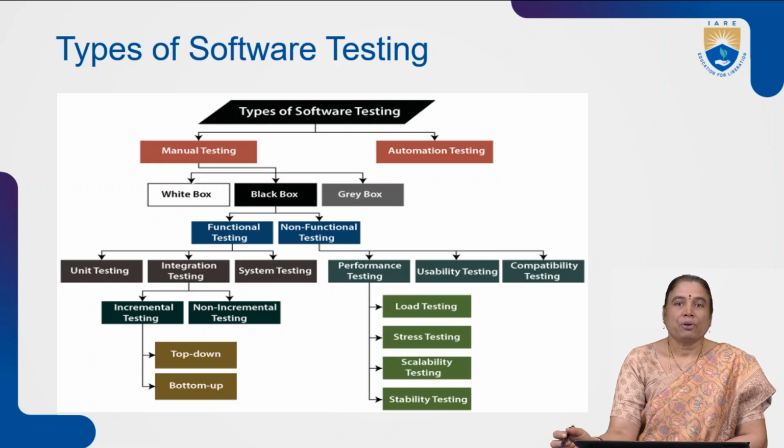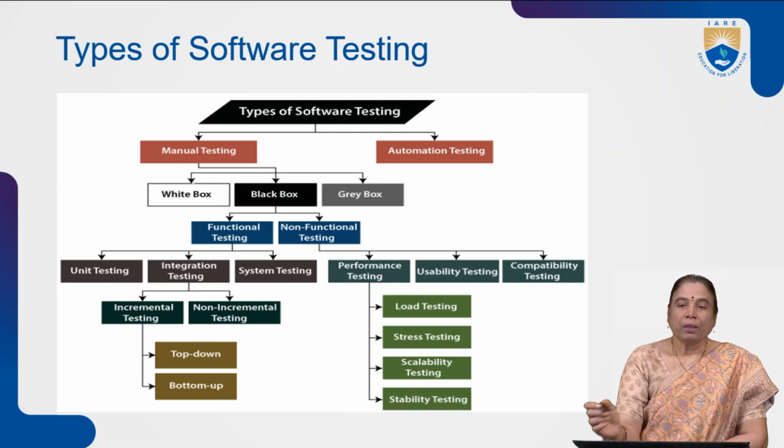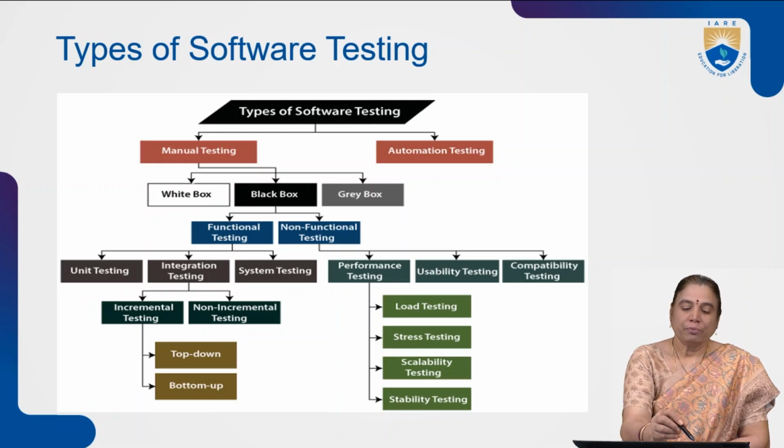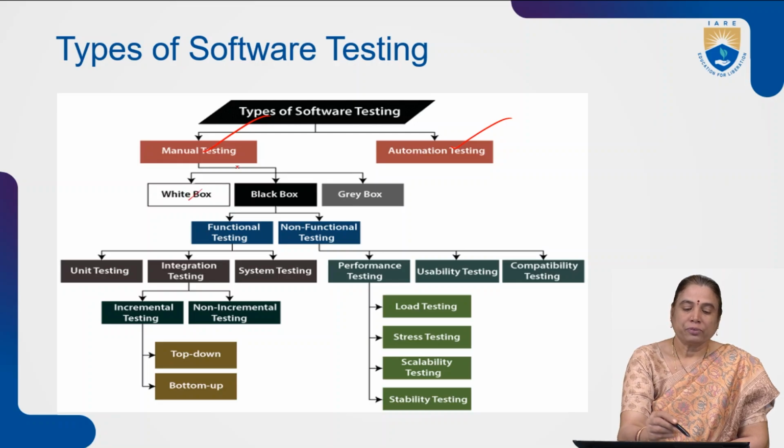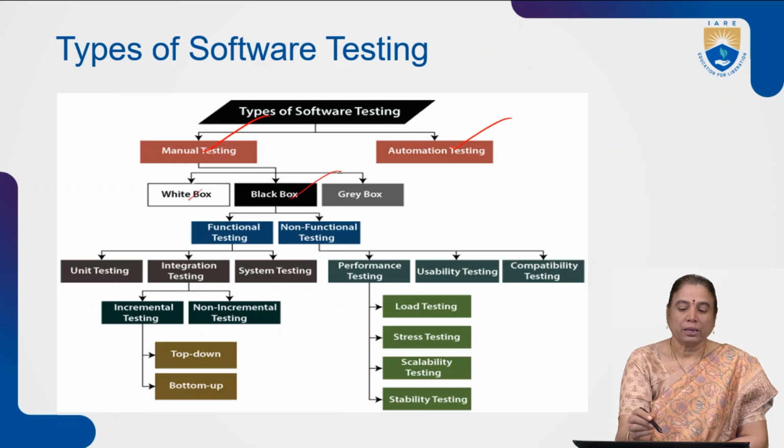There are two major categories of software testing. One is manual testing, the second one is automation testing. Manual testing is further divided into three types: white box testing, black box testing, and grey box testing. Black box testing majorly focuses on functional testing as well as non-functional testing.